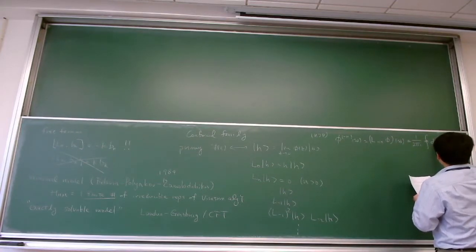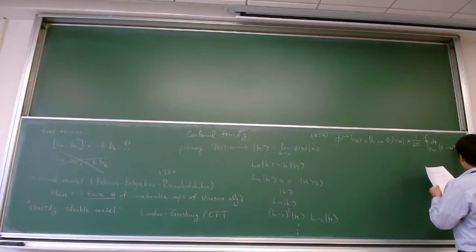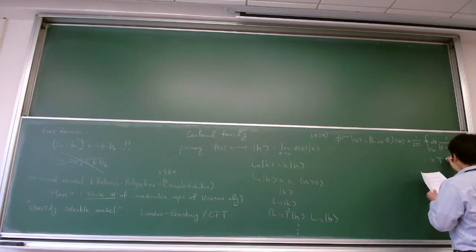dz over C_w, (z - w)^(-n+1), times T of z.